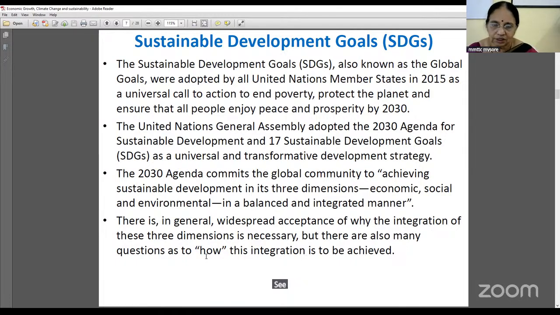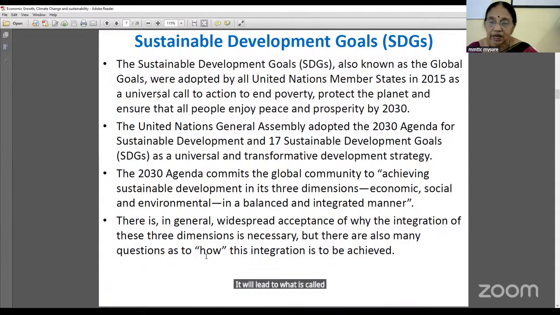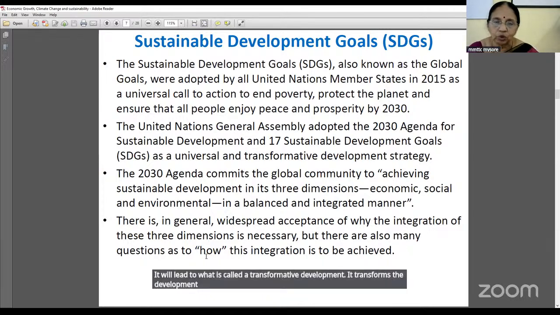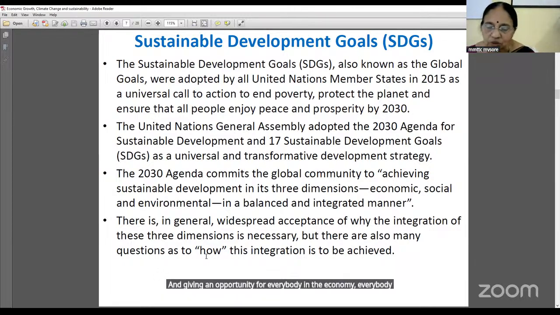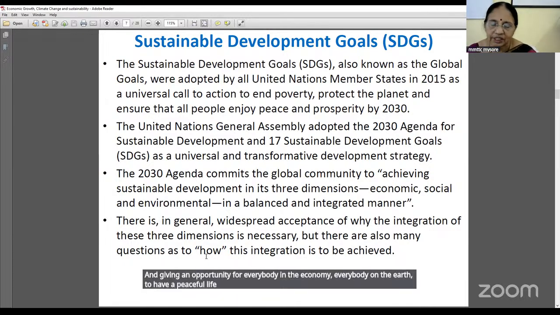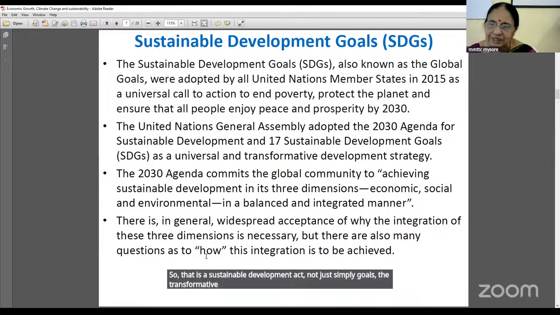See, the sustainable development goals are developed in such a way that when they are attained, it will lead to what is called transformative development. It transforms the development from low to high, giving an opportunity for everybody on the earth to have a peaceful life. So that is why the sustainable development goals are not just simply goals, they are a transformative development strategy.